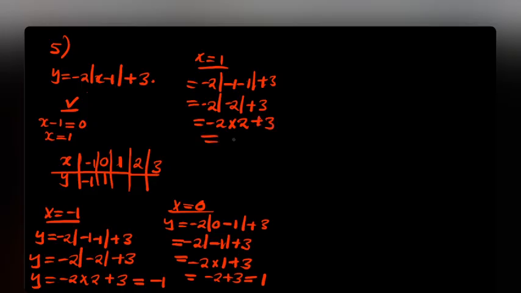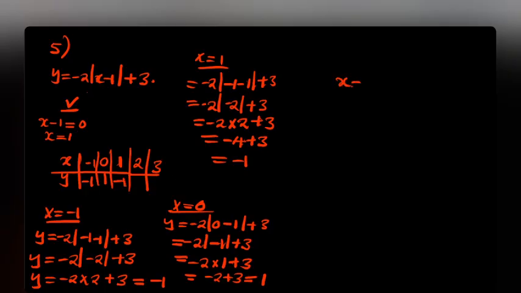So now this will give us negative 2 times the modulus of negative 2, which gives us positive 2. So plus 3. So now negative 2 times 2 gives us negative 4 plus 3. Then here we have negative 4 plus 3. This will give us negative 1. So here we're getting negative 1.